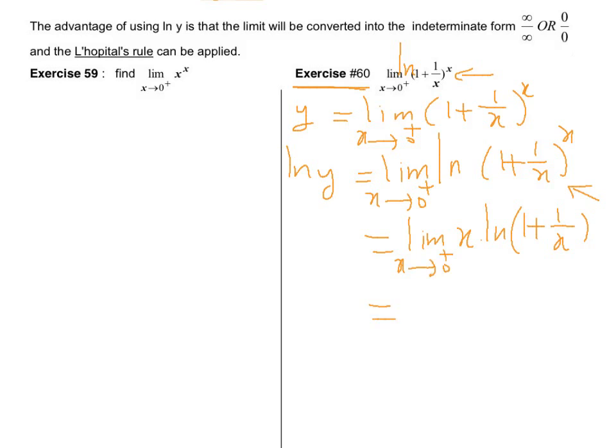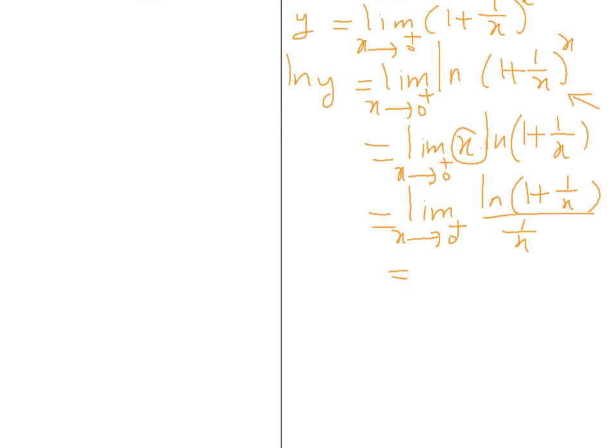You need to write this as a ratio, as we said, to use L'Hopital's rule. So we are going to bring this x to the denominator as 1 over x. We need to make sure before we start using L'Hopital's rule that this is 0 by 0 or infinity by infinity. If you put 0 here, this is 1 over 0, so you are going to get ln infinity, which is infinity, and this is infinity.